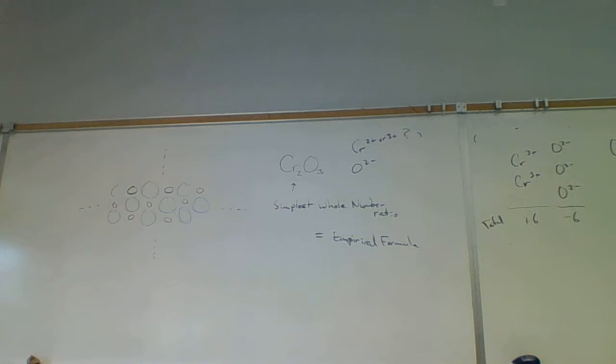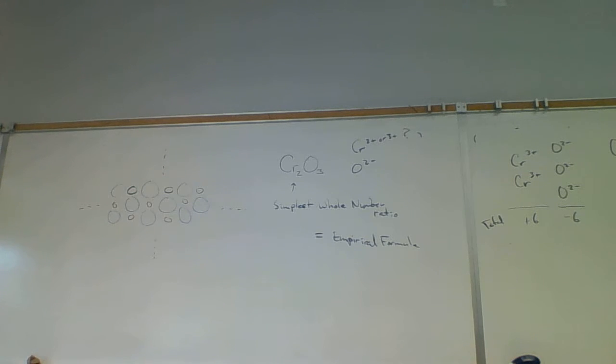This is all one word, chromium 3, then space, and then the second word is oxide or trioxide. Oxide. But we don't need the tri here because we can figure out the ratio based on the charge balance. And so for ionic compounds, we do not use the prefixes.